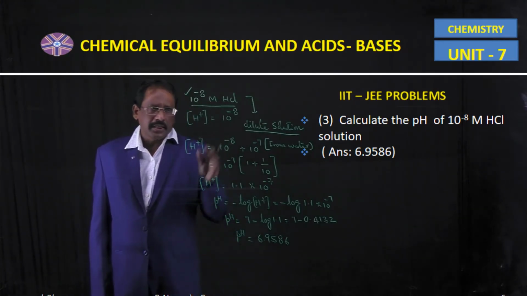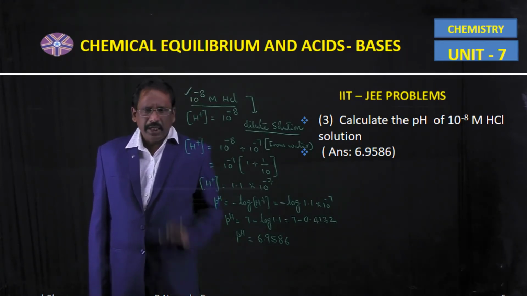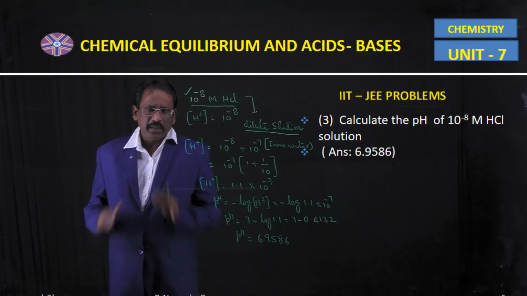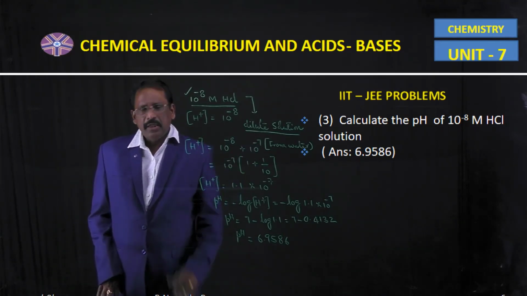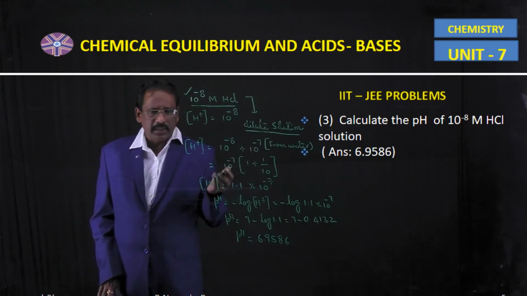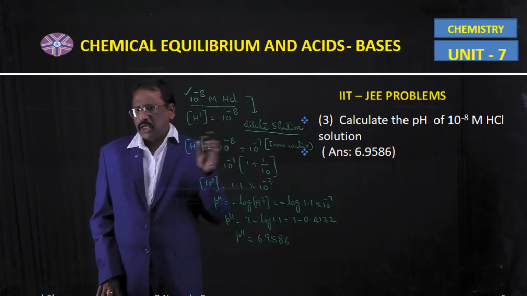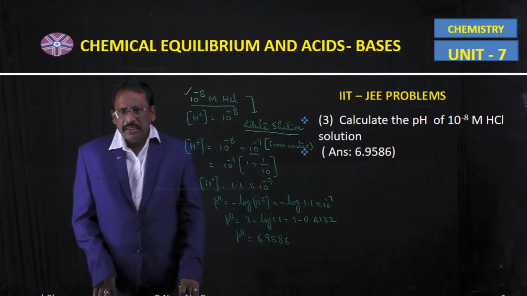If pH comes out as 8, it means it is a very diluted solution. That means the solvent is more. Here the solvent is water. That's why add H plus ion active mass of water, which is equal to 10 power minus 7.